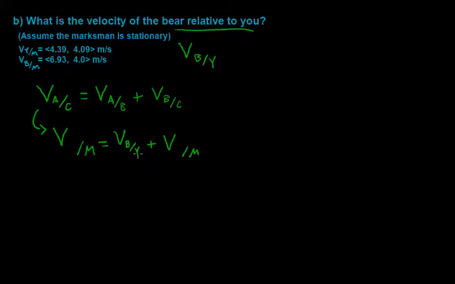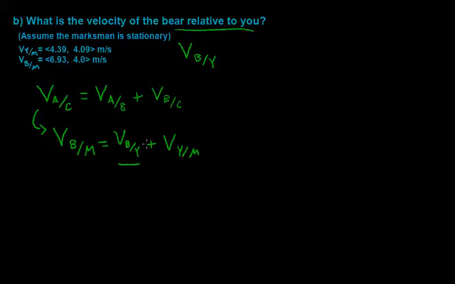Right here we have you substituted in place for this B, so the vector that must go here must be you, so that it's like canceling out the you part of the equation, and we end up with the bear relative to the marksman. But we're still solving for this one vector here, the velocity of the bear relative to you.